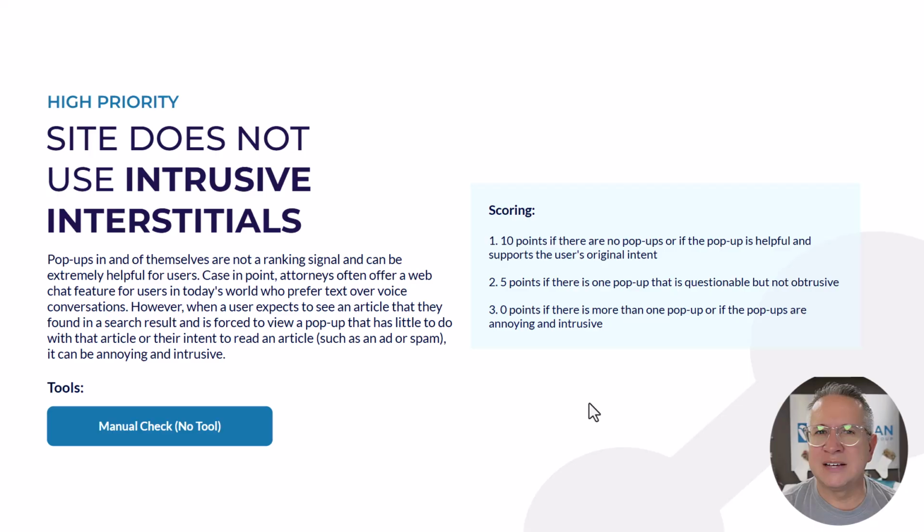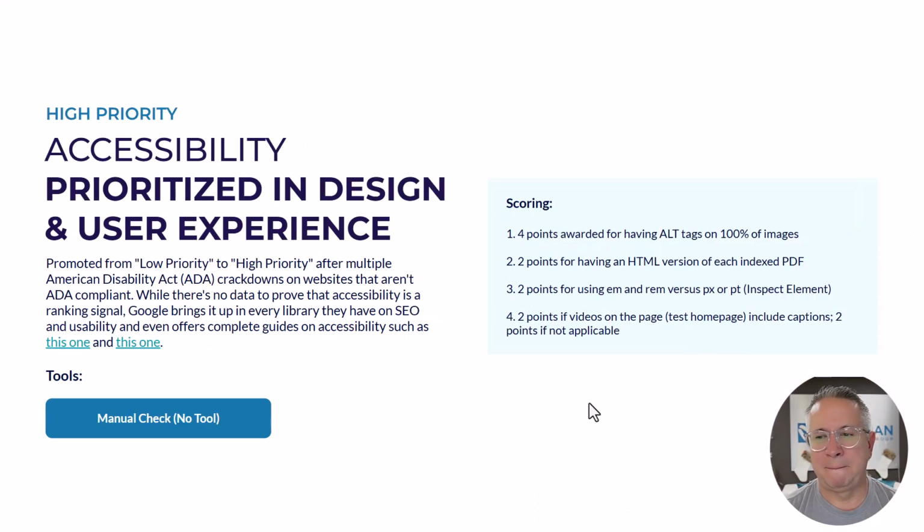So do an exit pop-up instead of an entrance pop-up if they came from organic. If they came from any other medium, direct or paid search or a banner ad or email marketing, then by all means, pop up all you want to. But from an SEO standpoint, let's not do that. Or if we have to, let's delay that pop-up to give the user a chance to use the page before we present them with an offer.